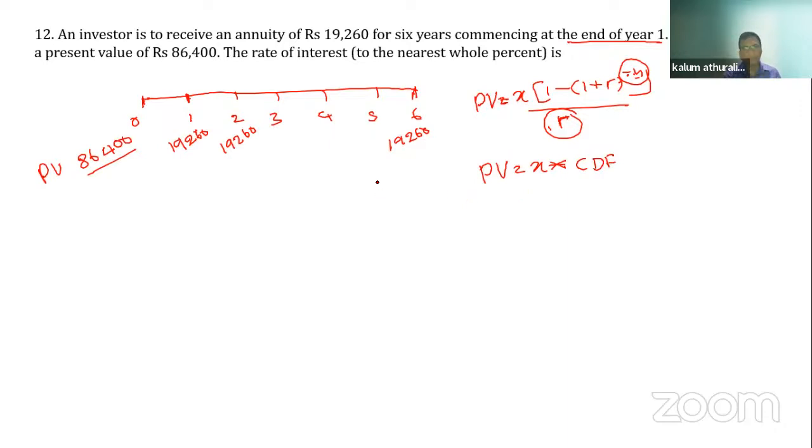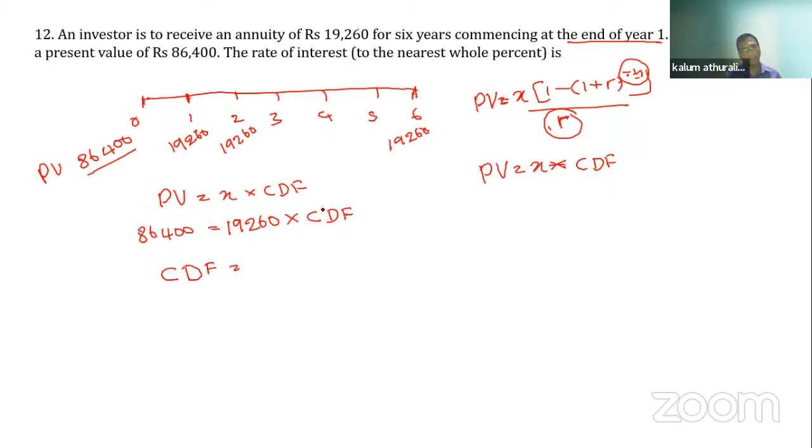Right. We know the PV. PV equals X times CDF. PV equals 86,400. We know the X, 19,260, times CDF. We don't know the CDF because we don't know the value of R. Then we can find the CDF using this formula.